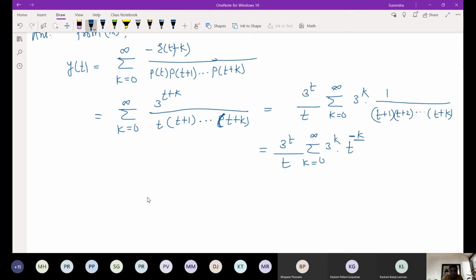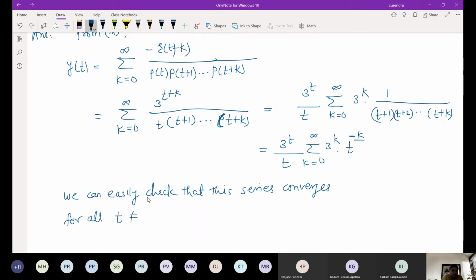we can easily check that this series converges for all t not equal to 0, -1, -2 and so on.